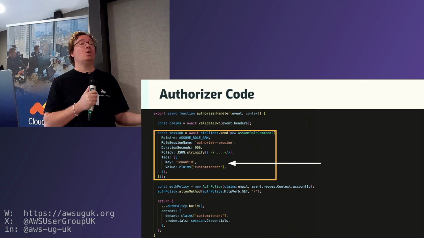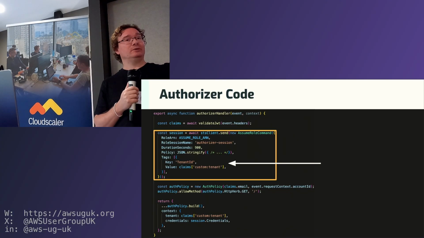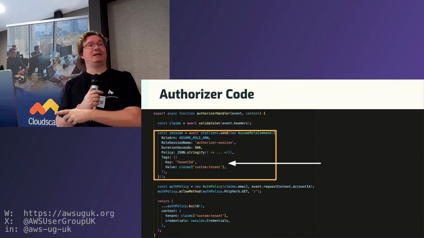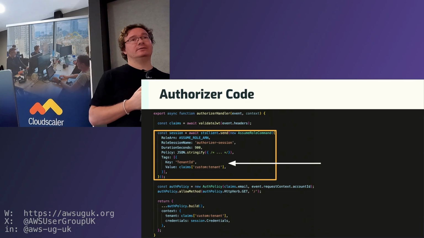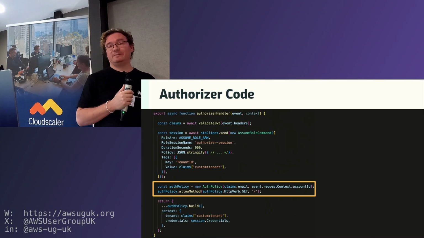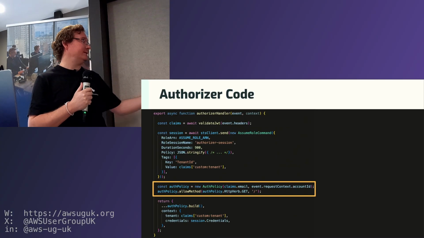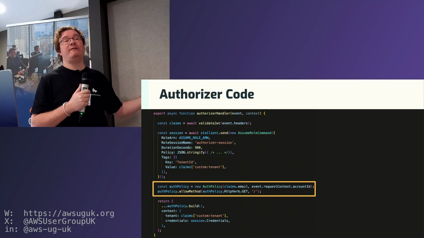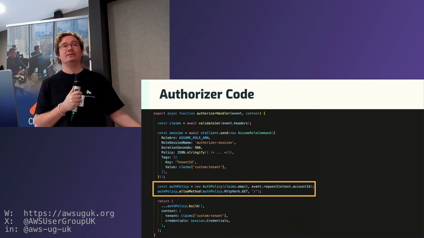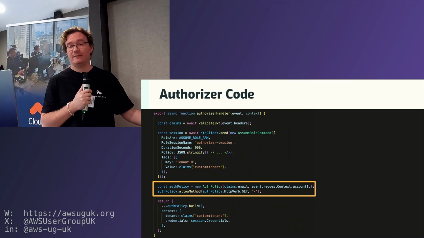So if anyone tries to manipulate that filter now, that value is not going to match what's on the session, so the platform is going to block that request. The next part of the authorizer code is where we define the policy, and here is a very simple one. It says you can only do a GET on the / path.